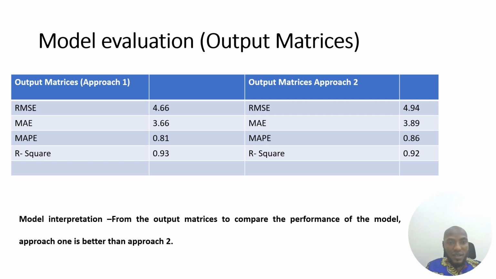You can see what I've done: root mean square error, mean absolute error, MAPE, and R square. Model interpretation for the output metrics. If you compare, approach 1 is better than the second approach.